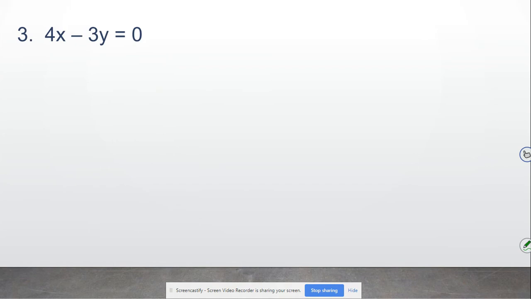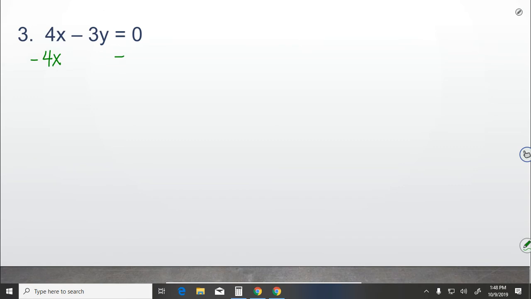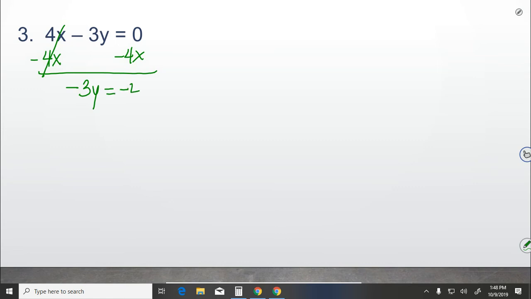Number 3, again, we want to get y by itself, so we start by subtracting the 4x. I need to make sure I bring down that negative sign, so I get negative 3y equals negative 4x. No need to bring down the 0. Divide by negative 3, divide by negative 3. So my answer is y equals 4/3 of x. And now that's in slope-intercept form. I just don't have a y-intercept, which tells me that this is proportional and it's going to start at the origin.